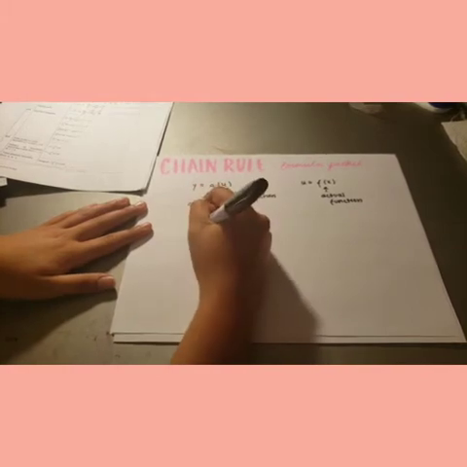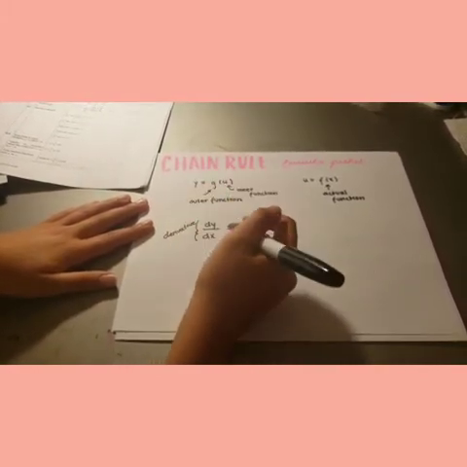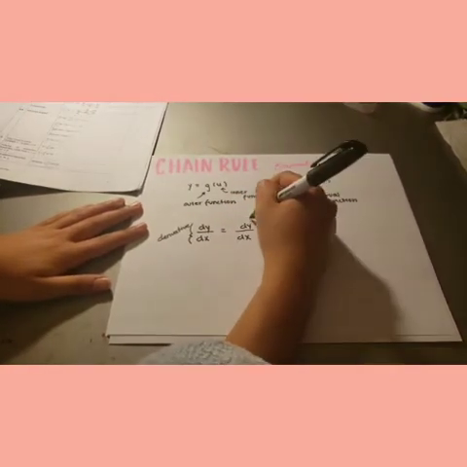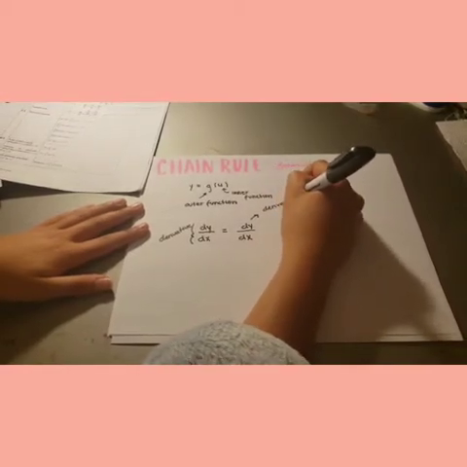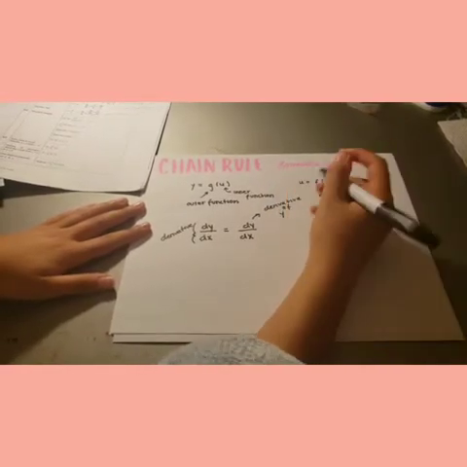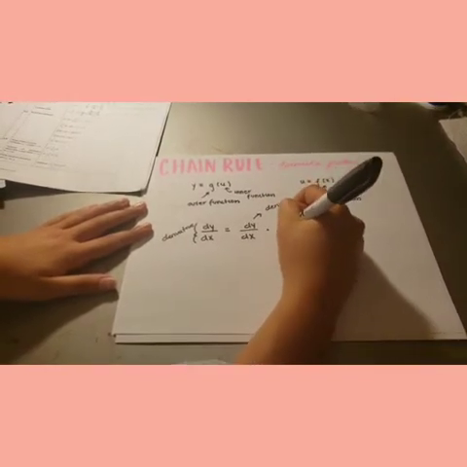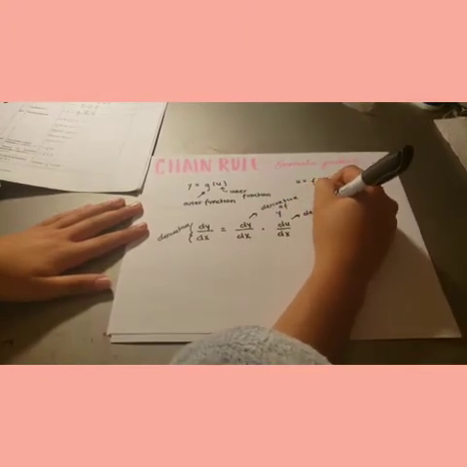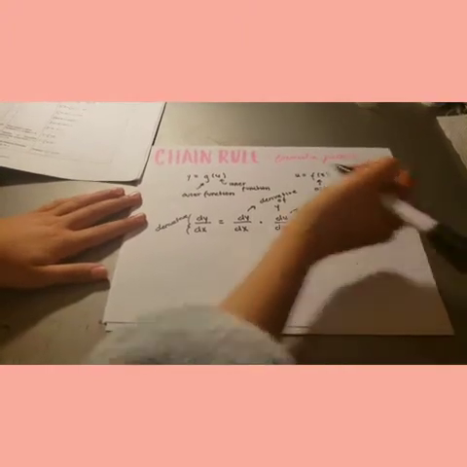So this is the notation for the derivative. This is the derivative of y times the derivative of u.